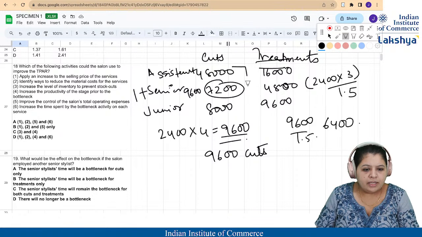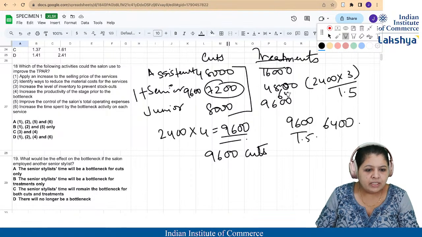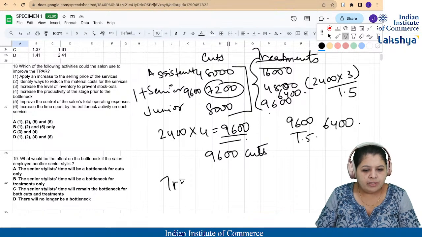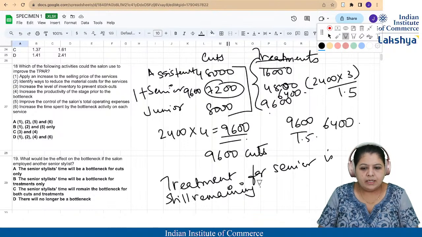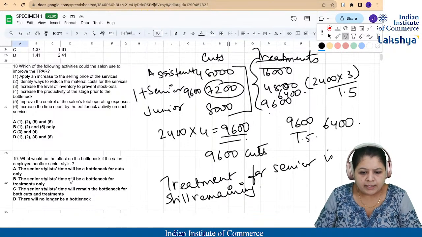Because for cut, they have fully utilized, but for treatments, still they can only do 6,400. So your treatment for senior is still remaining, right? So do we have an option like that? Yeah.